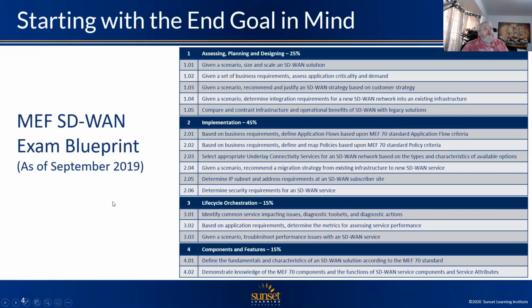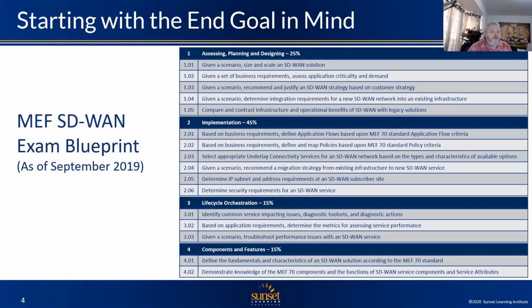All right, so here's the exam. What we have found based on our experience is that these sections, as far as their percentages in the exam, are pretty accurate. So 25% of the exam, they're going to ask you how to plan, design and assess a customer's current network and how that would be implemented as SD-WAN. 45% of the exam is about implementation.